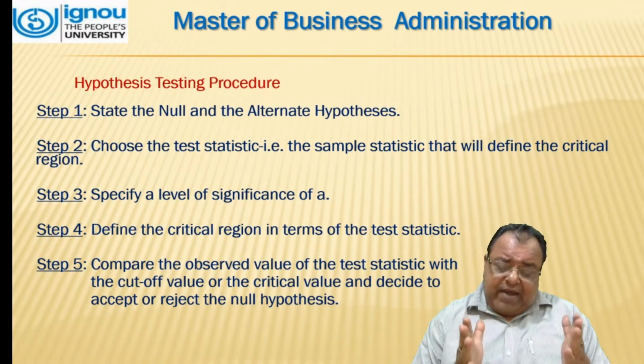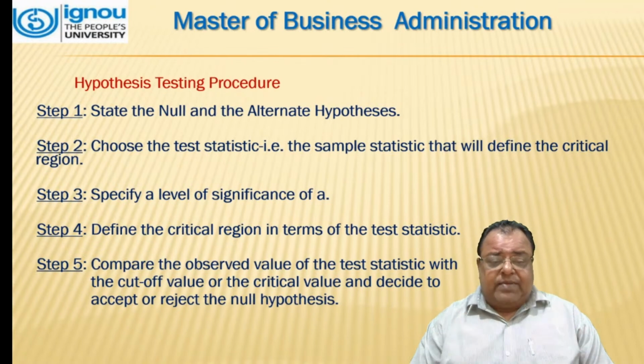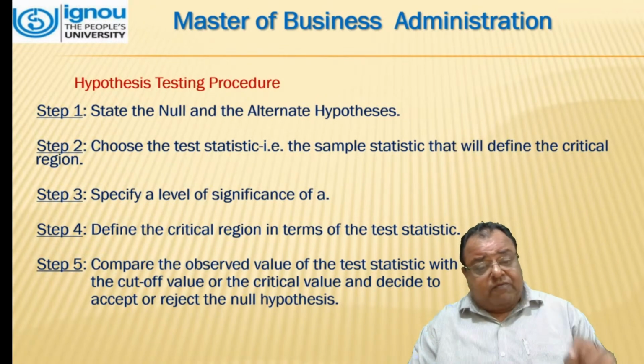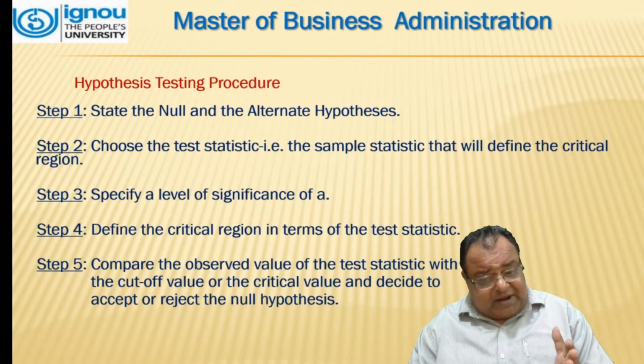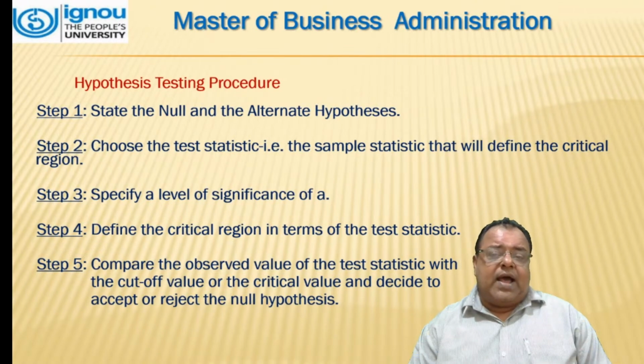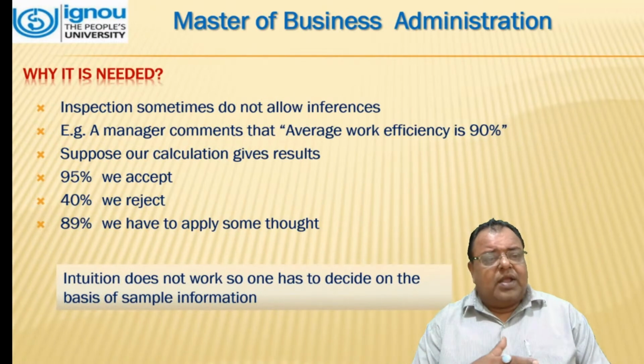Fourth, we define the critical region in terms of the test statistic. Fifth, we compare the observed value of the test statistic with the cutoff value or the critical value and decide to accept or reject the null hypothesis. These are basically the 5 steps which are normally followed.